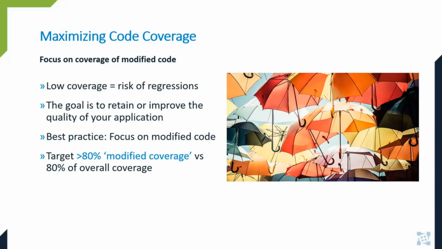This is going to allow teams to be more efficient in creating the right tests at the right time, while giving us that confidence that the quality of our application isn't degrading. A common and I think realistic target for modified code coverage is usually around 80% or so. But of course, it's up to your team to decide what they want their goal to be.